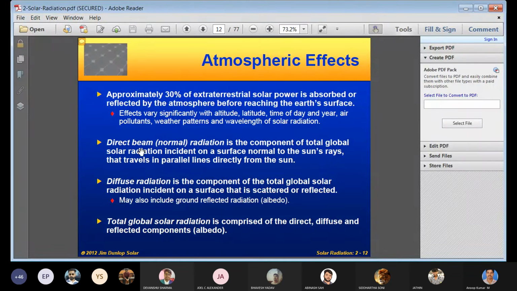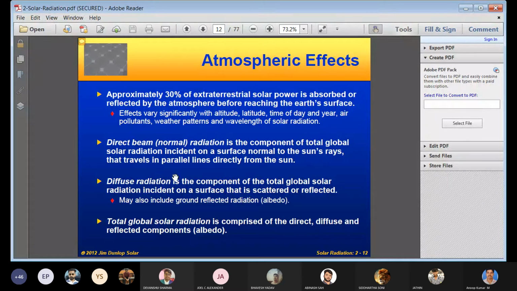So total radiation is equal to direct radiation plus diffuse radiation. Direct is also called beam or normal. Diffuse is diffuse itself. Total is also called global radiation.